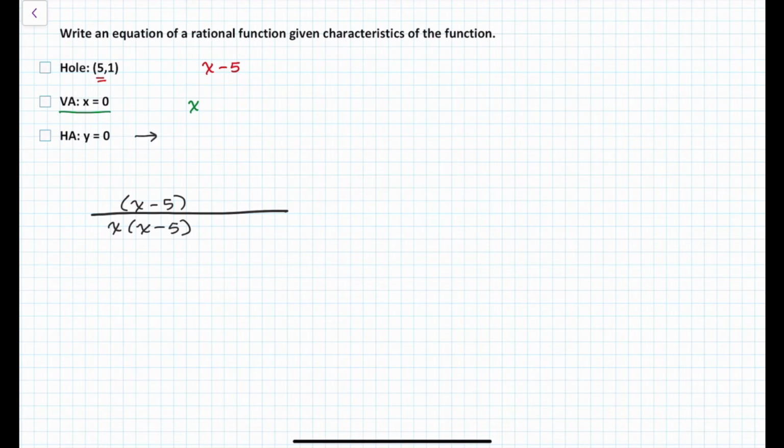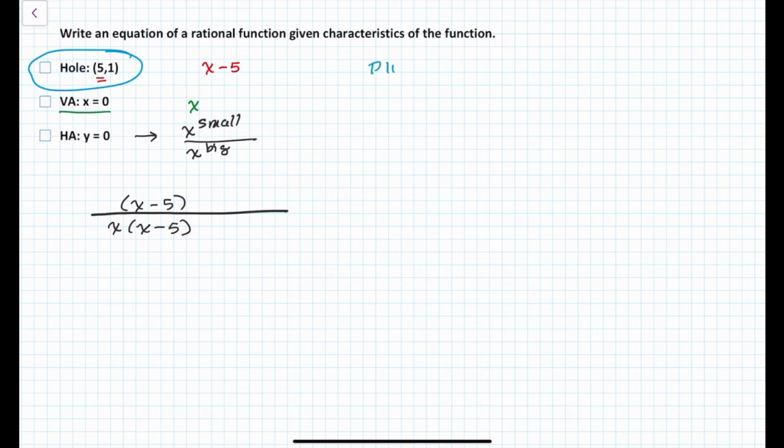And that's how I get that vertical asymptote. And then the horizontal asymptote, so if y equals 0, remember the exponent has to be smaller in the numerator than in the denominator. And right now with my function, that's the case. That works. So everything looks good, except I still need to come back and check on the y value of that hole coordinate point.